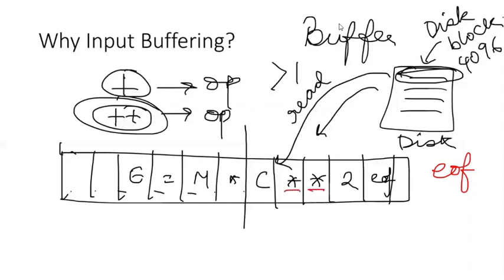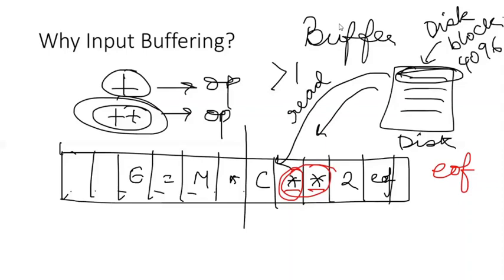In the Fortran language, this represents the power of symbol. But a single star also means the multiplication symbol. So just by looking at this symbol, I cannot decide whether this is the multiplication symbol or I have to look at one or two more characters, and then I can decide that this is the power of symbol.